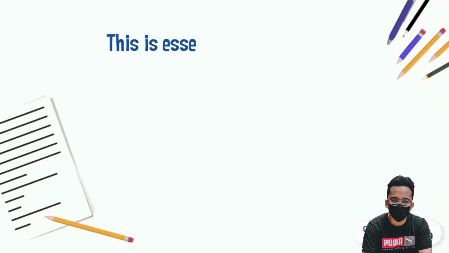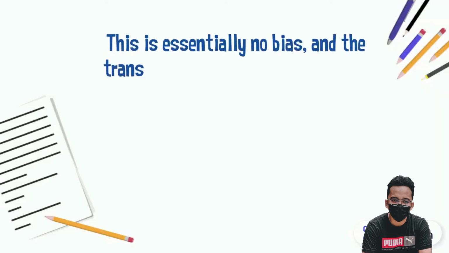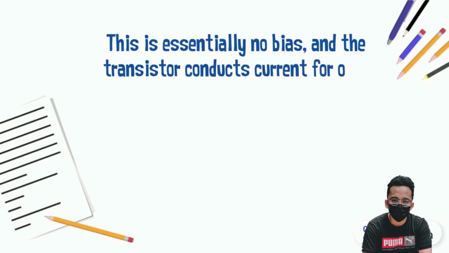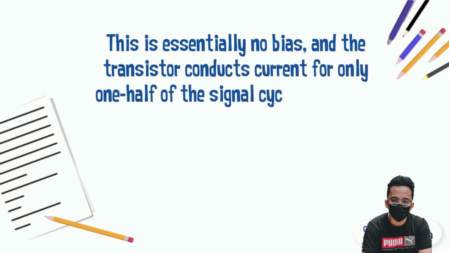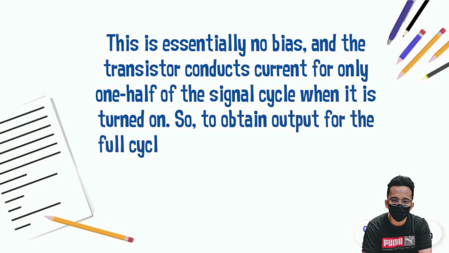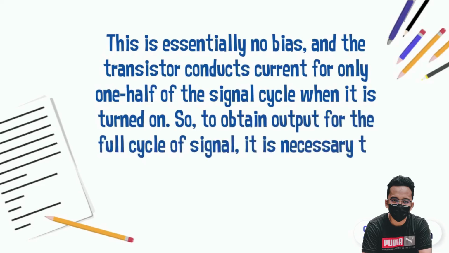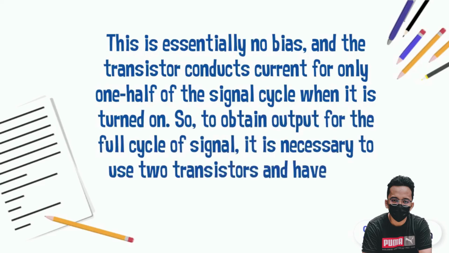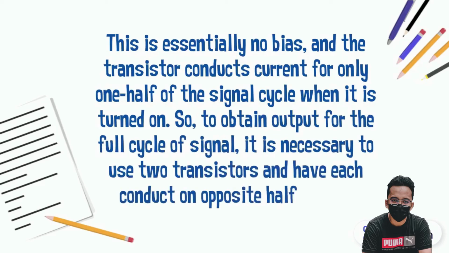This is essentially no bias, and the transistor conducts current for only one half of the signal cycle when it is turned on. So, to obtain output for the full cycle of the signal, it is necessary to use two transistors and have each conduct on the opposite half cycle.